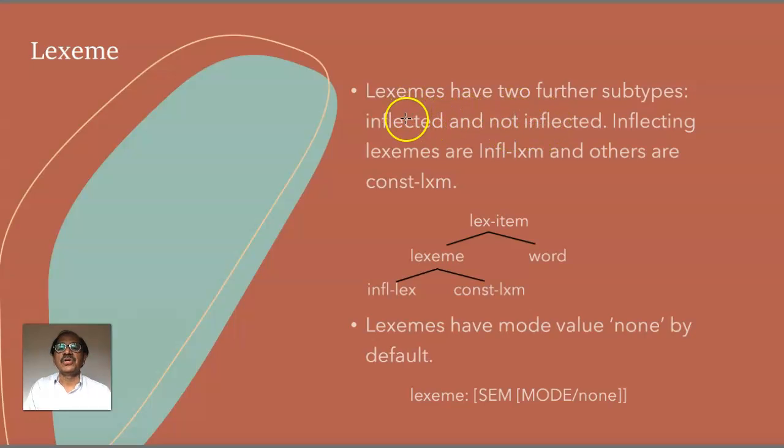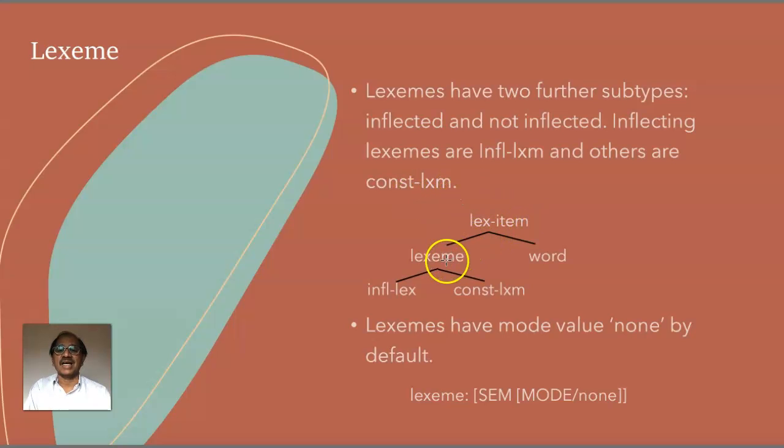So we find two types of lexemes. What are the two types of lexemes? Inflecting lexeme and constant lexeme. Those lexemes which are inflected, we call inflecting lexemes. Those which cannot inflect, we call constant lexemes. That means the form does not change.